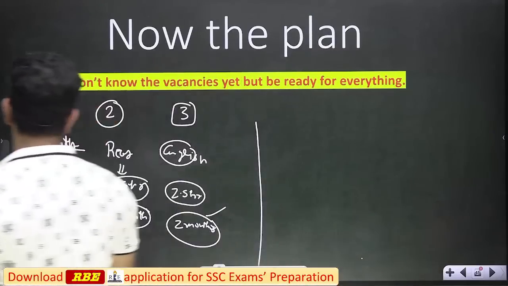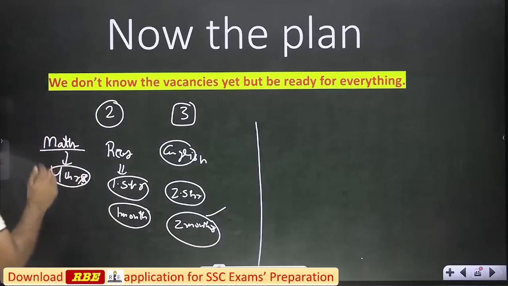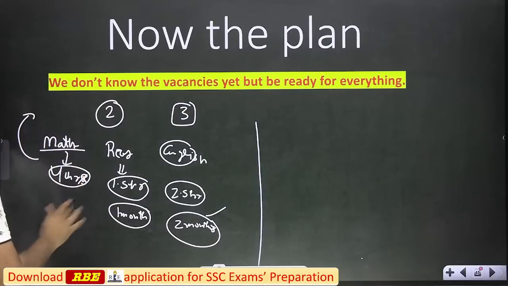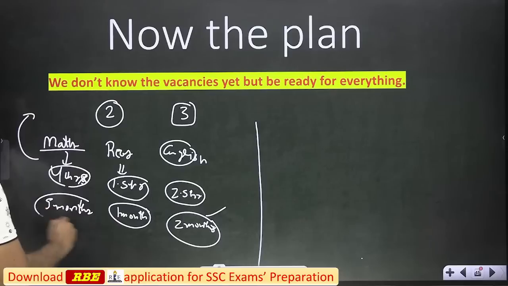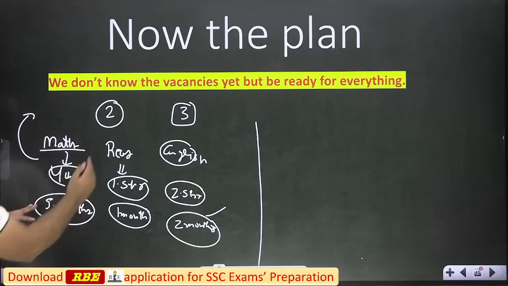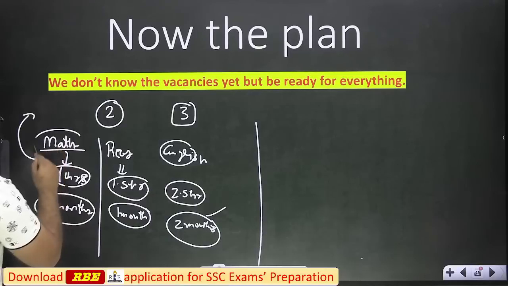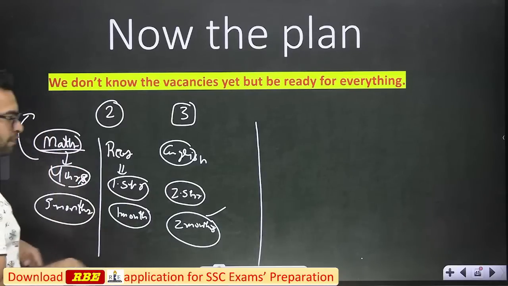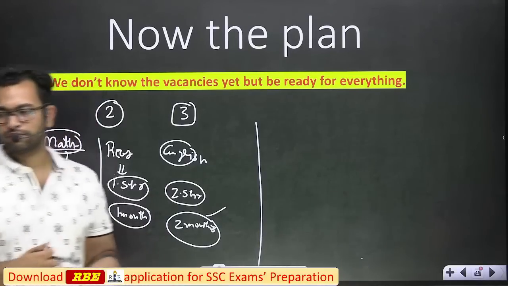So give at least 4 hours a day for maths. To cover the whole syllabus it will take 5 to 6 months depending upon the preparation level. So maths will take time. You will start this now and it will go till the tier 2 examination.